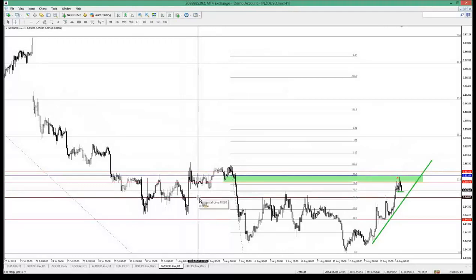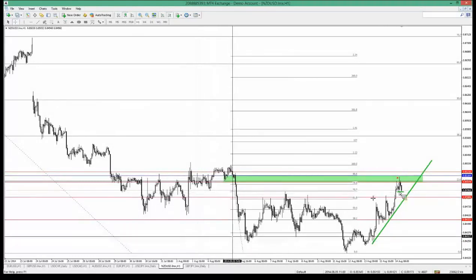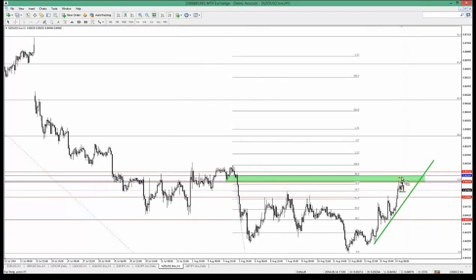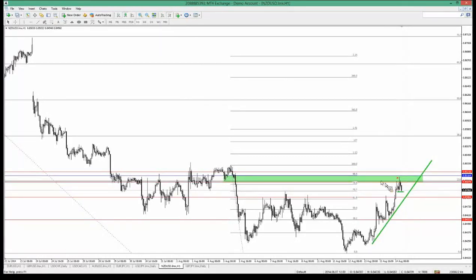But you can see the level's holding. It is capping price, but if we get another surge at a third drive in there, that could be a short. It's just the way I see it, right? I'm not saying it's right or wrong.